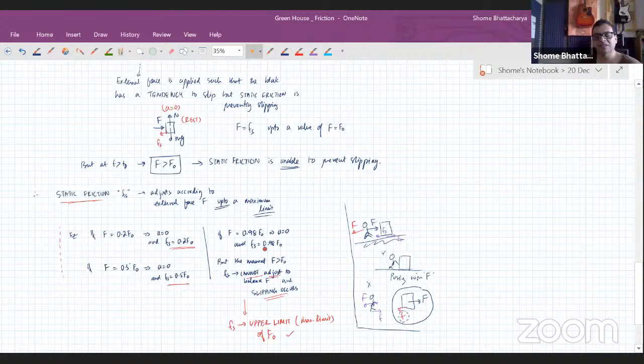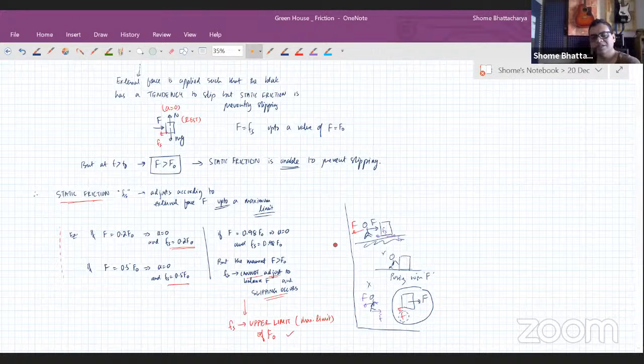So it goes on adjusting in such a way that it balances the external force to prevent slipping. But this process of adjustment cannot happen for an unlimited amount of force. There's only a certain limit up to which it can happen. And that is the upper limit or the maximum limit of static friction. In this particular example, we have taken it as the constant F naught. We'll understand it with a numerical example also, but here we are just conceptually understanding it.